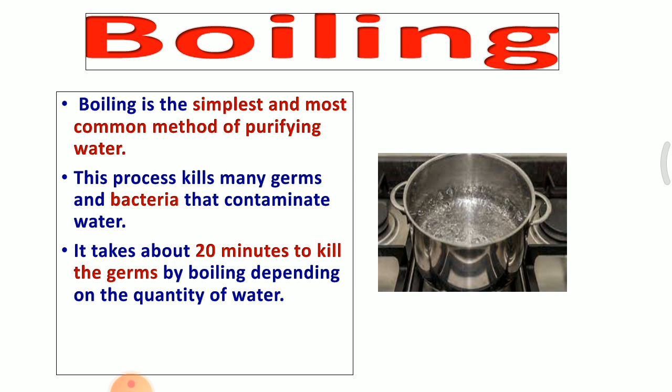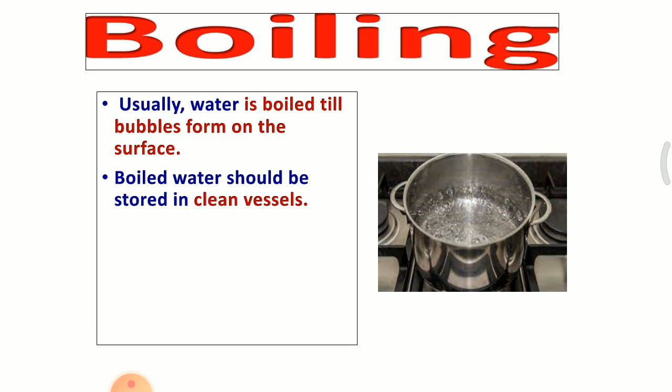At least you have to keep the water boiling for 20 minutes. Then only the bacteria and germs present in the water will be killed. Usually, water is boiled till bubbles form on the surface. When bubbles form on the surface, the bacteria start to be killed. So boiled water should be stored in clean vessels.